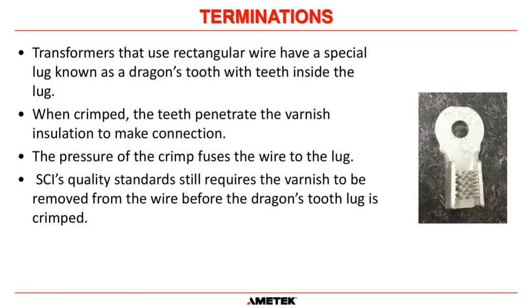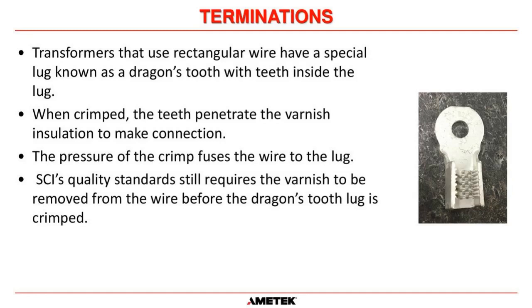Transformers with rectangular wire have a special lug known as a dragon's tooth. The teeth are actually inside the lug, and they do look like a dragon's tooth. When crimped, the teeth penetrate the varnish on the magnet wire to make a connection.